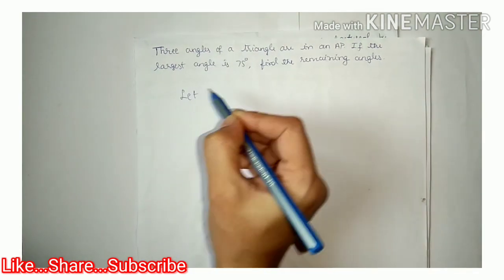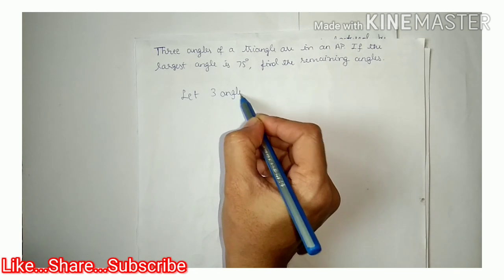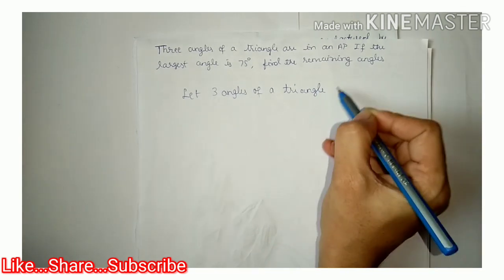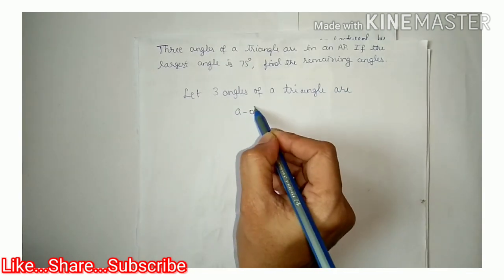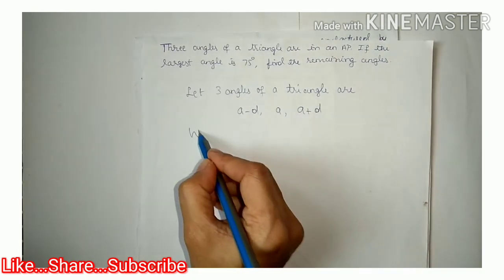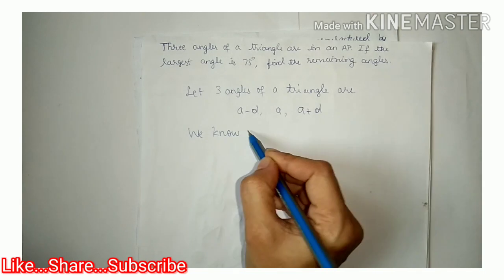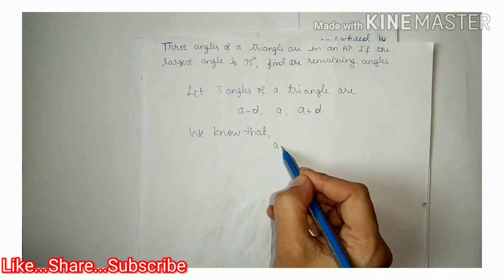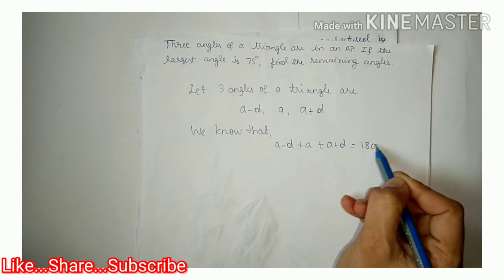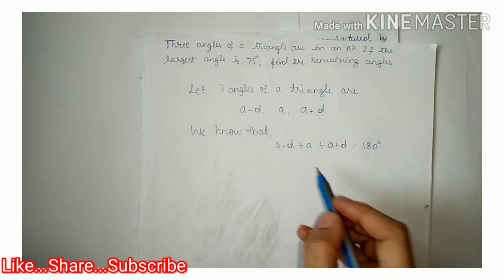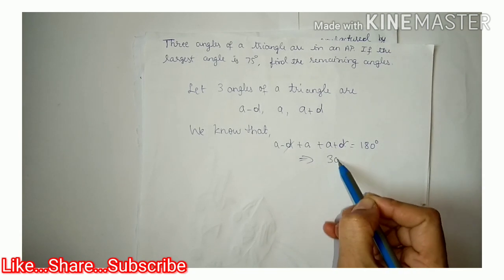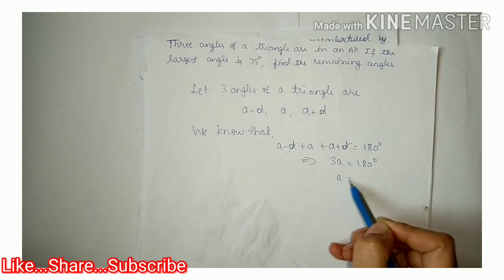Let the 3 angles of the triangle be A minus D, A, and A plus D. We know that A minus D plus A plus A plus D is equal to 180 degrees, from the angle sum property of a triangle. Here it implies 3A is equal to 180 degrees. A is equal to 60 degrees.